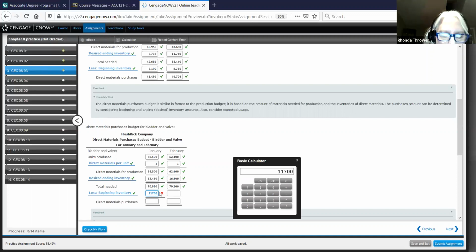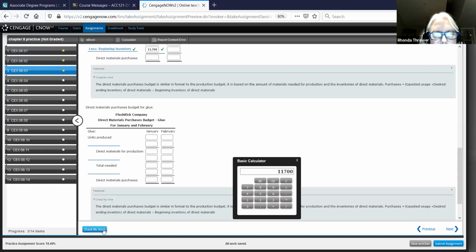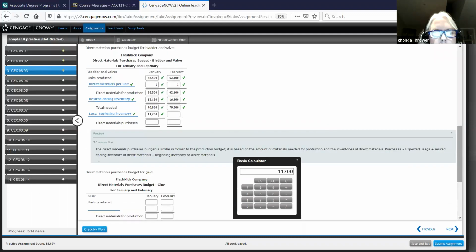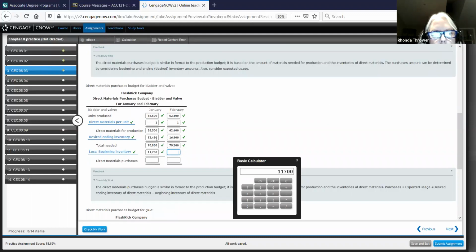And the ending inventory for December becomes the beginning inventory for January. The ending inventory for January becomes the beginning inventory for February. So 12,480 goes here.